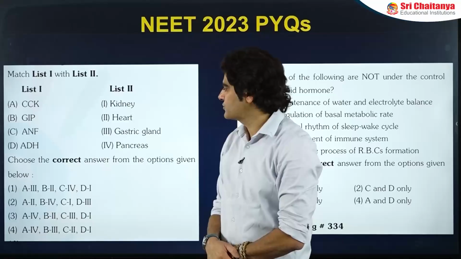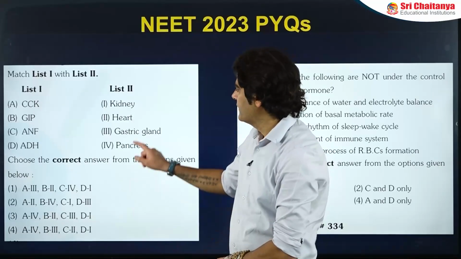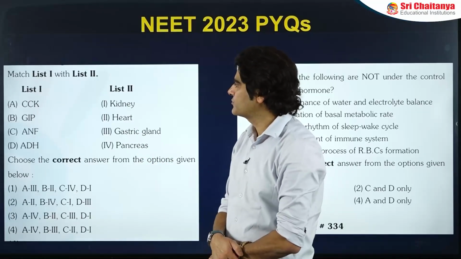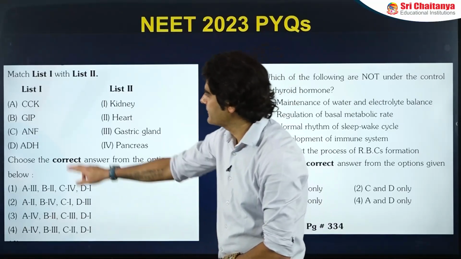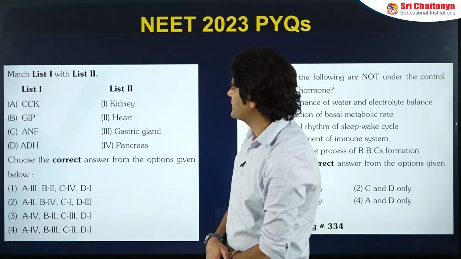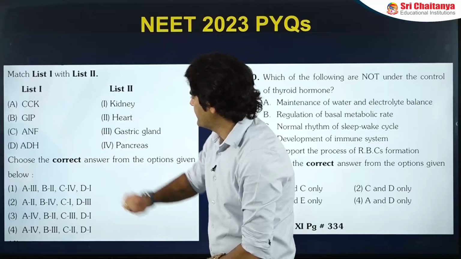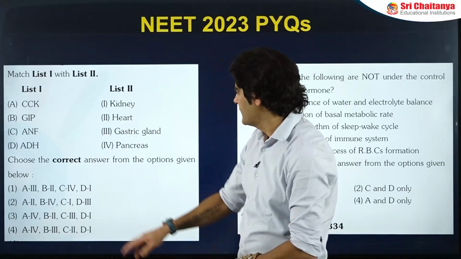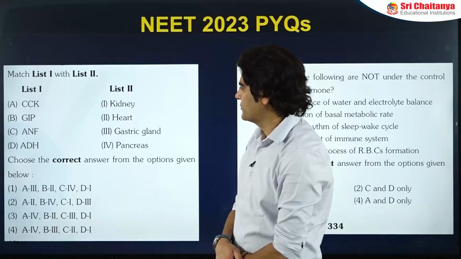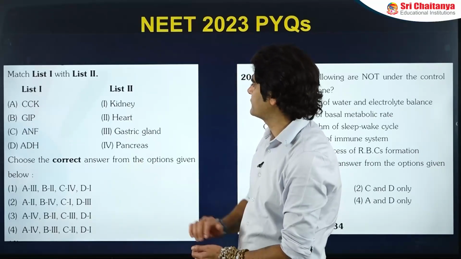CCK, that is cholecystokinin, the hormone from the gastrointestinal tract. GIP, gastric inhibitory peptide. ANF, atrial natriuretic factor. ADH, antidiuretic hormone. So here we have to choose the correct option from the options given below.